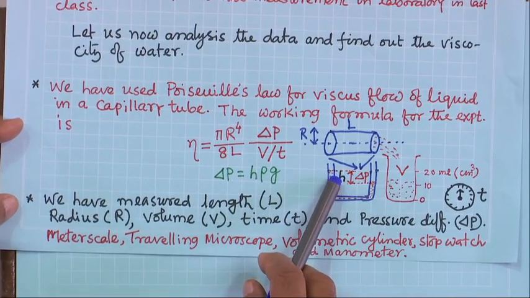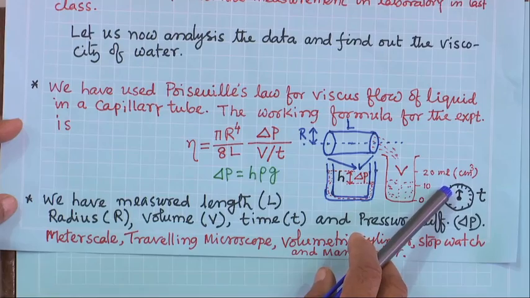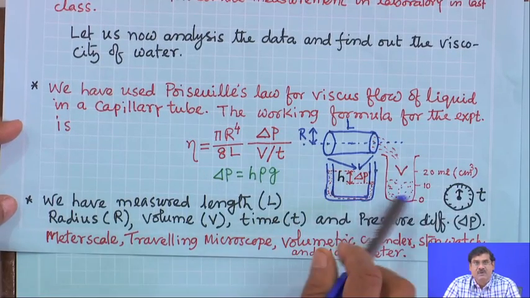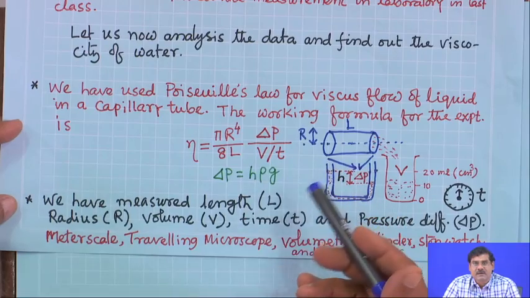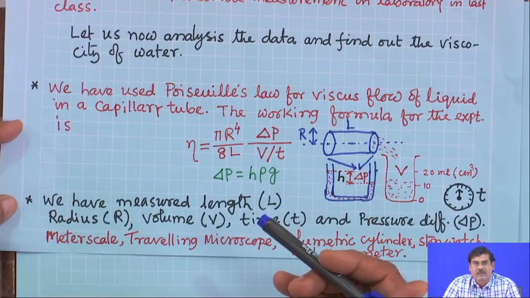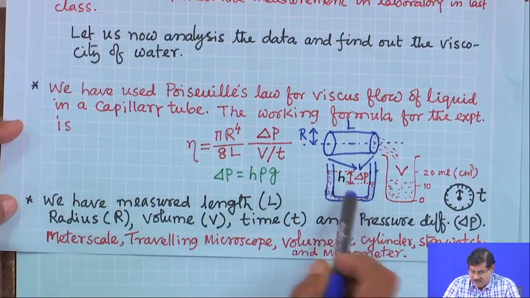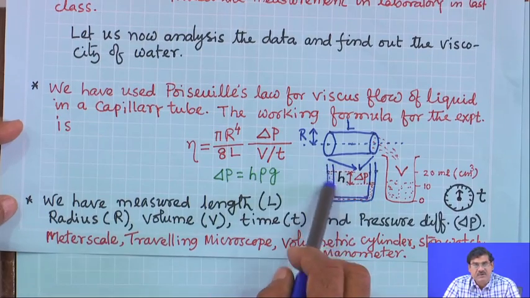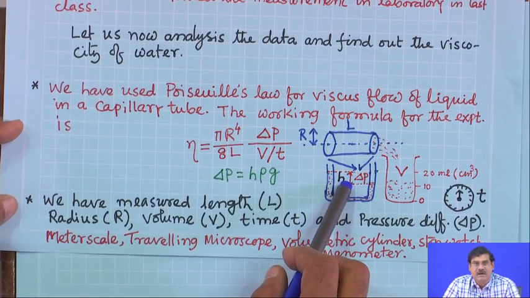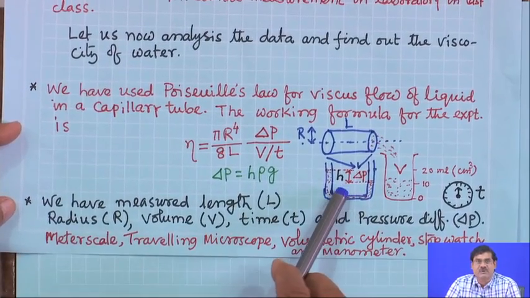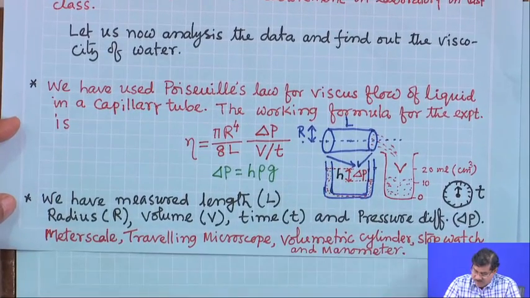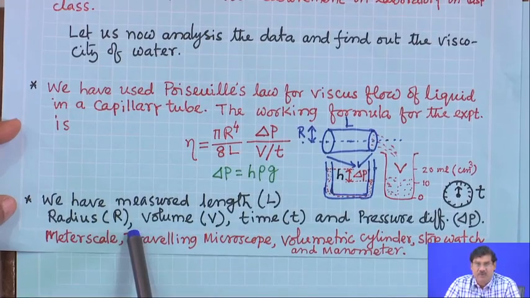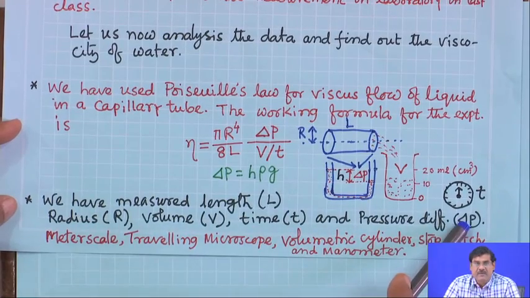So this will be one set of data, and then you can change del P just by changing the height, and how to change height, I have shown you. So, this is the instrument we used in the laboratory for measuring these parameters.